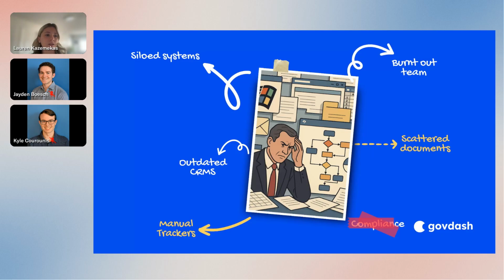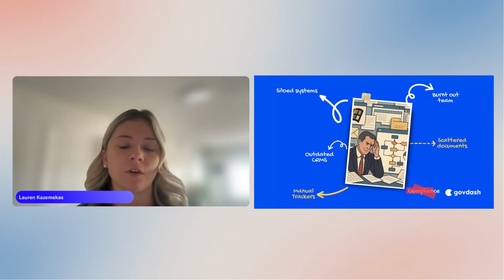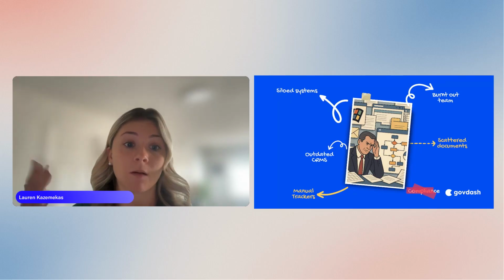Things like outdated CRMs that aren't really serving today's market, manual trackers like Excel, where data is just really everywhere. And these processes can lead to not only burnt out teams, but also, in compliance, things that get missed. So at GovDash, we've really taken all of these pain points from people in the industry and tried to structure our technology to solve a lot of these problems.